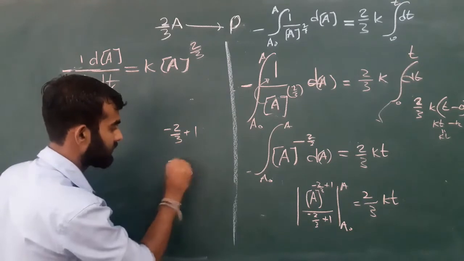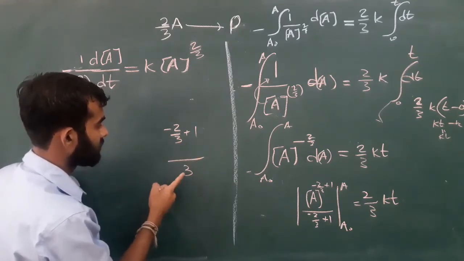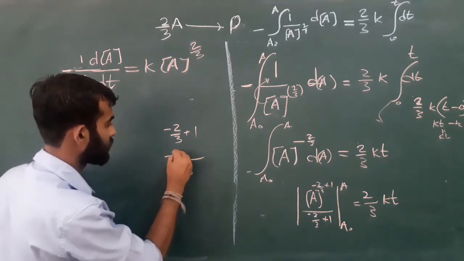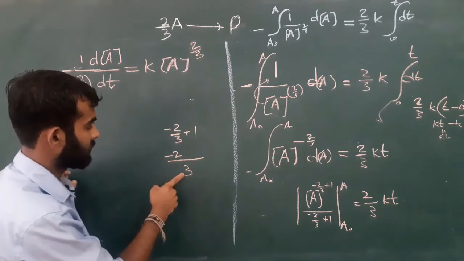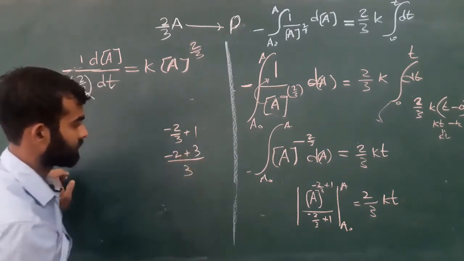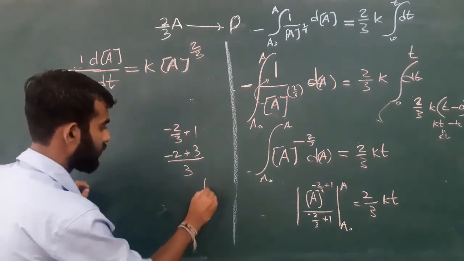So 3 common factor. Minus 2 plus 3, okay, the answer will be 1 over 3.